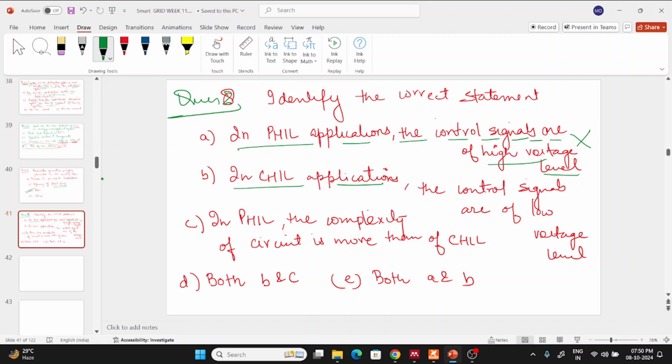But in CHIL application, the control signals are low voltage, which is right. And due to that voltage level being brought down, the complexity of PHIL becomes more because more devices get added up. In CHIL, there is direct, straightforward integration of the hardware to the RTDS. So basically B and C are correct. So D is the correct answer.